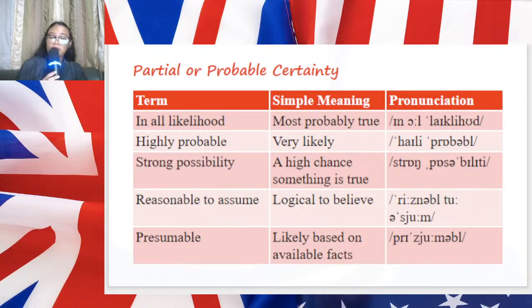In TOEFL tasks, it can help you state interpretations after reading a passage or listening to a lecture. It's one of those phrases that shows academic maturity, helping you sound more persuasive without being overly certain. All right? Reasonable to assume.